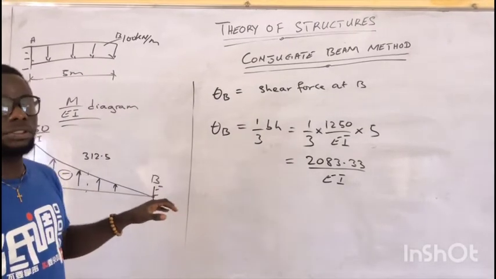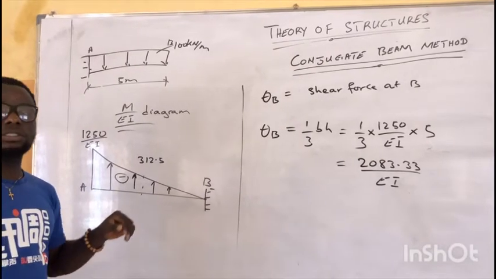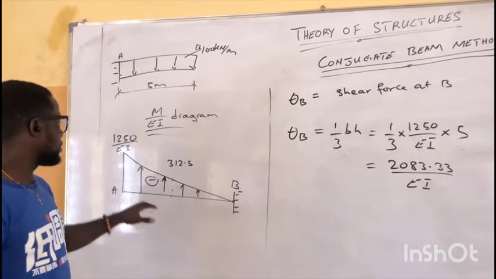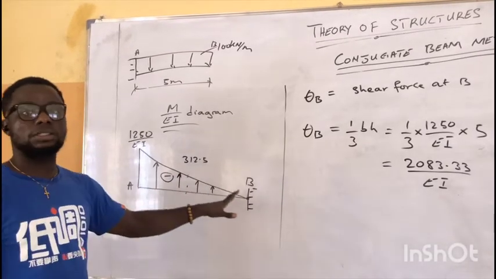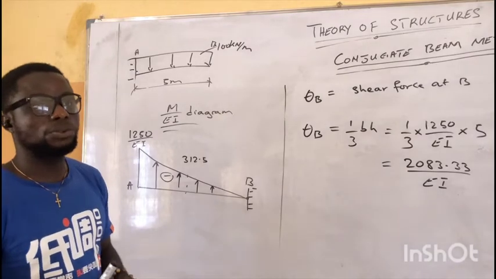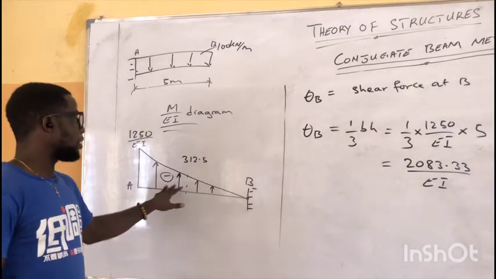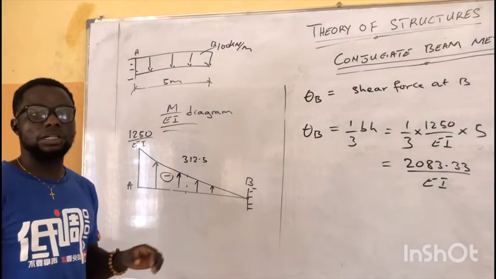And to get the shear force, you need to get the force intensity, because this is a varying load. The intensities are not the same, so you have to convert this to a point load. And for you to get the intensity of this loading, you have to take the area of the shape given.